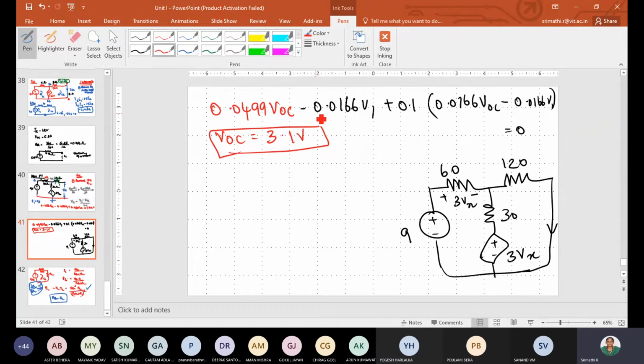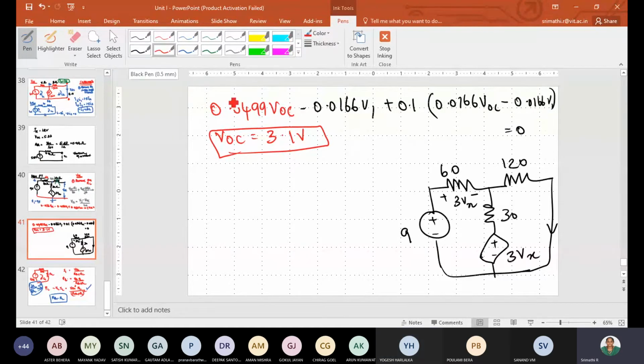Super mesh is nothing but when we have only a current source between two meshes. And super node is when we have only a voltage source between two nodes other than the ground node. We will solve super node also.